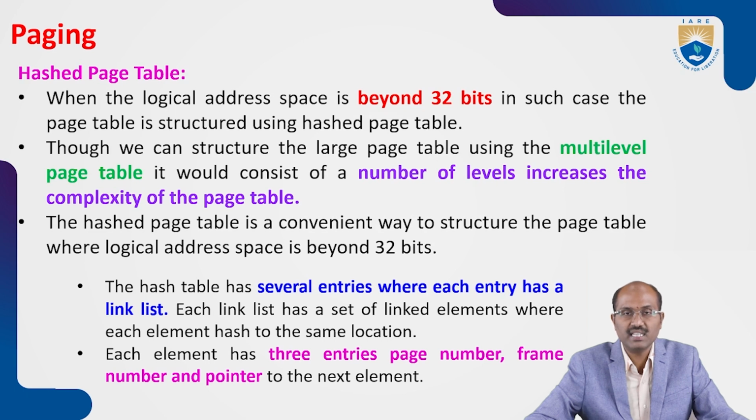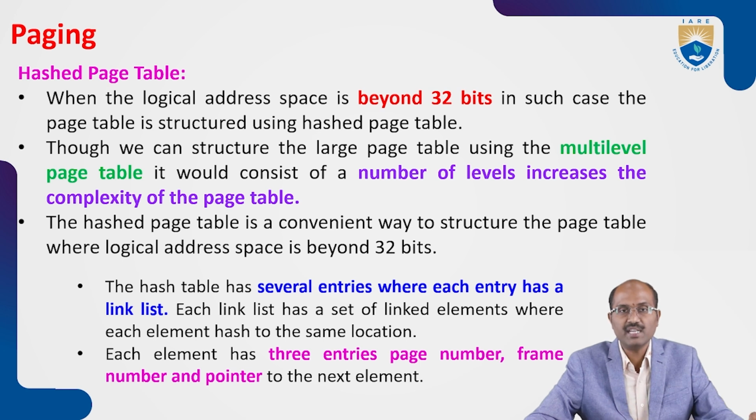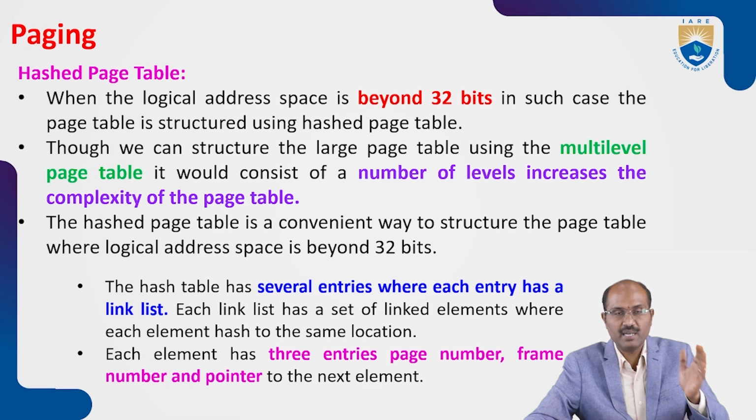We can structure a large page table using a multi-level page table, but as the number of levels increases, the complexity of the page table also increases. The hashed page table is a convenient way to structure the page table where the logical address space is beyond 32 bits.